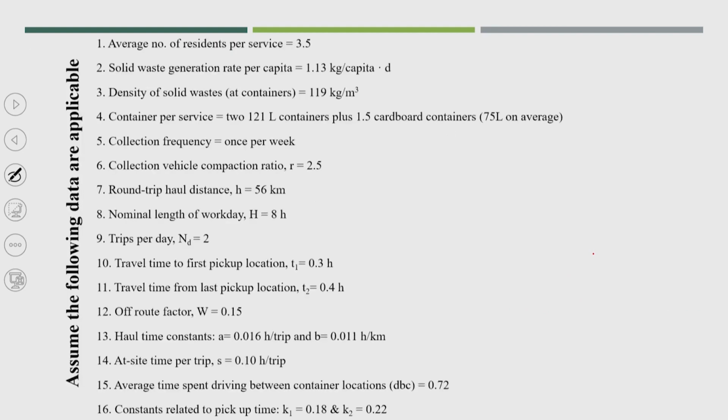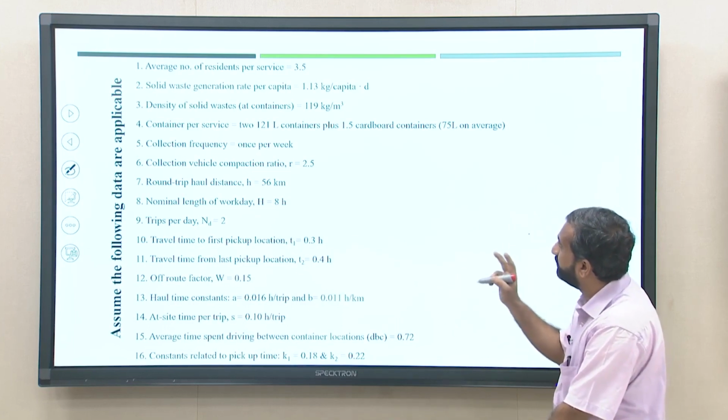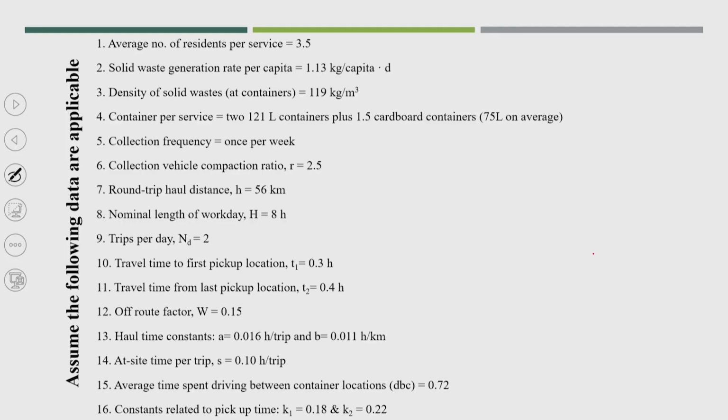These are the data: the average number of residents per service is 3.5, and the number of houses is 1000. The solid waste generation rate per capita is 1.13 kg per capita per day, which is very high.